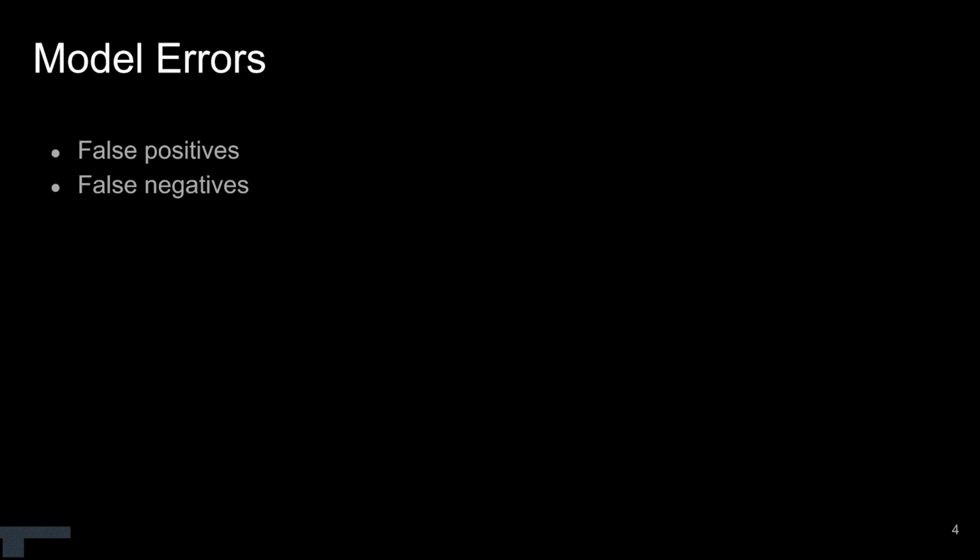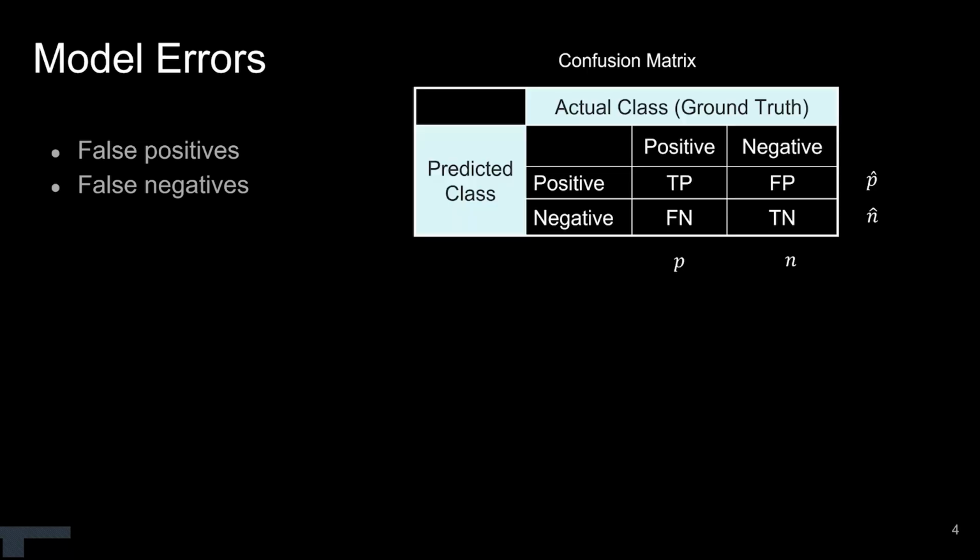Everybody here is familiar with the errors that a machine learning model can make. Both false positives and false negatives are bad, because false positives result in alarm fatigue and can be very expensive, and at the same time, false negatives are very expensive too. The best way to look at model errors is through a confusion matrix and its various elements.